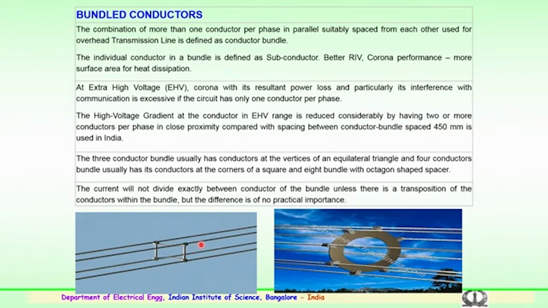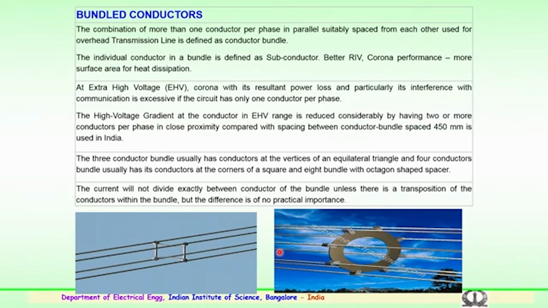The advantage is that the conductors perform better in radio interference voltage measurement issues. Then corona performance: because of the shielding effect, the corona performance is much better in bundle conductors, and there is more surface area for heat dissipation.